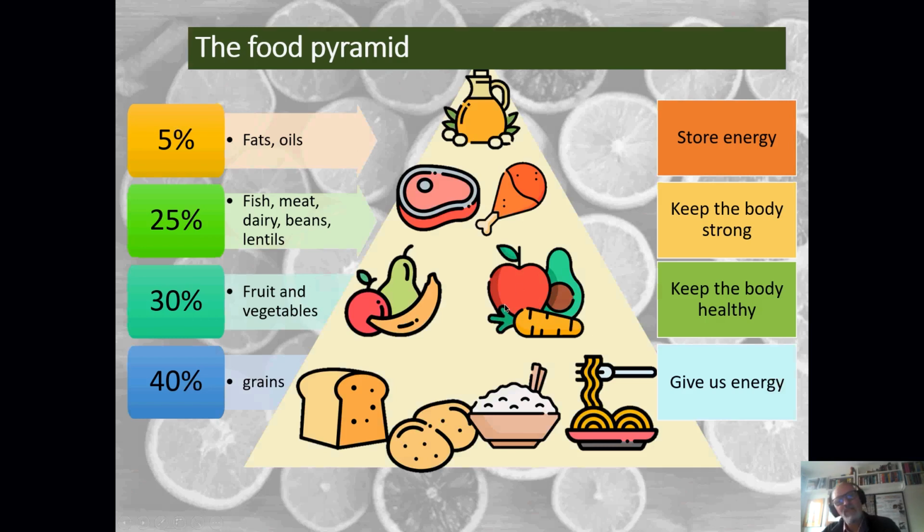So what's happening here? Well, obviously you have the supplies of minerals. You have the supplies of the vitamins. Vitamins are absolutely vital for particular biochemical processes.